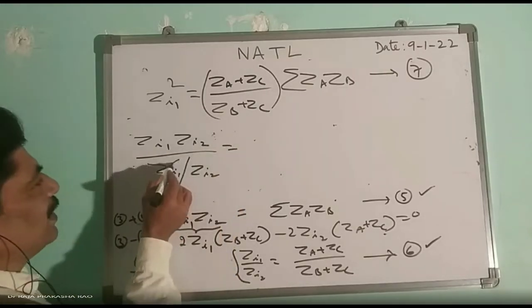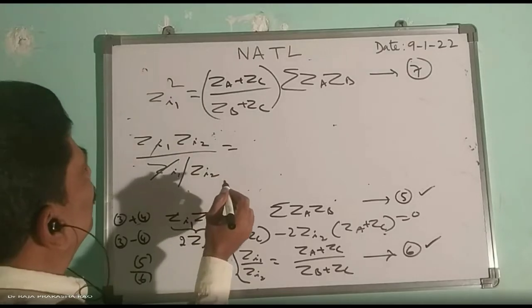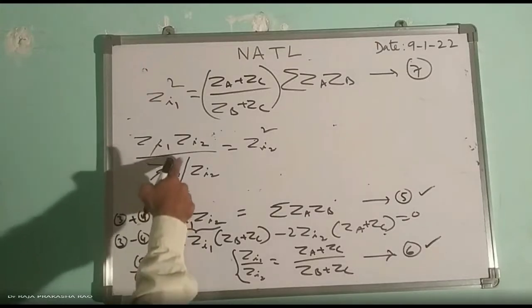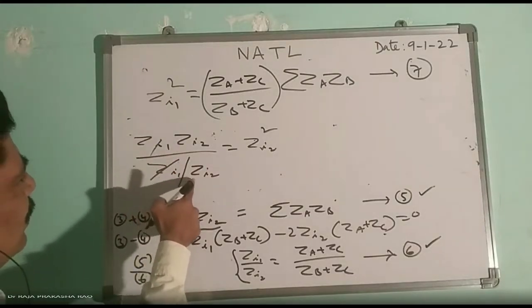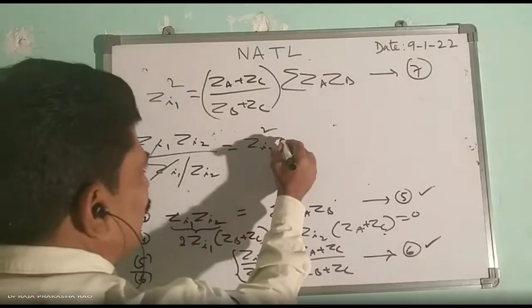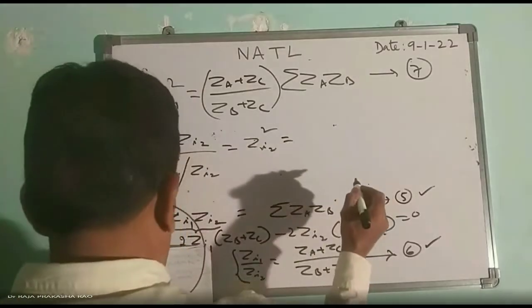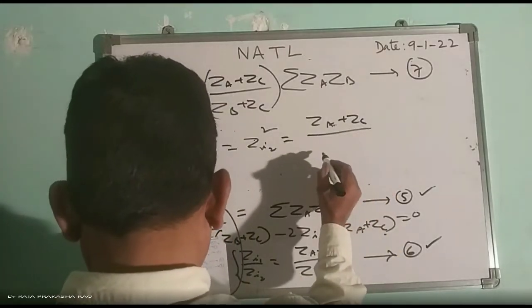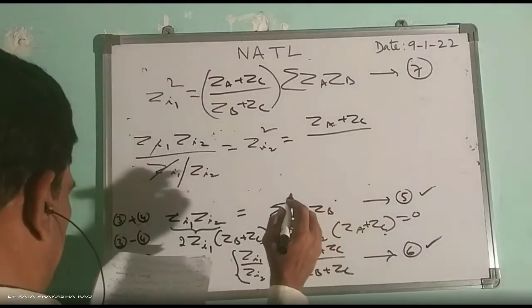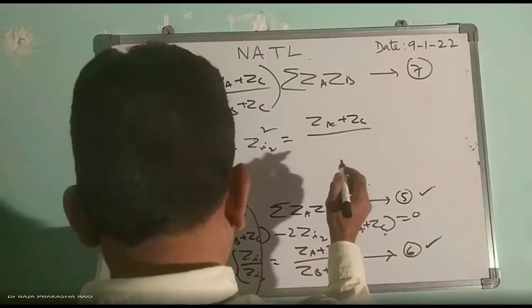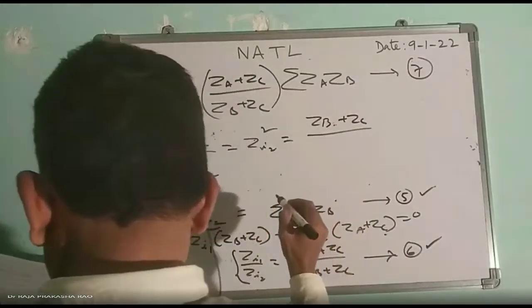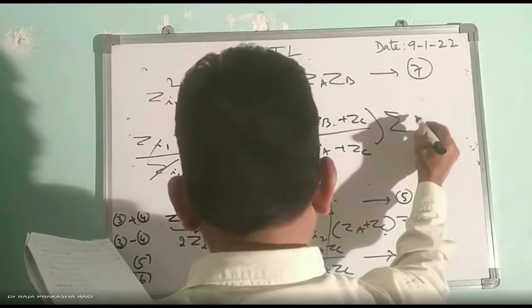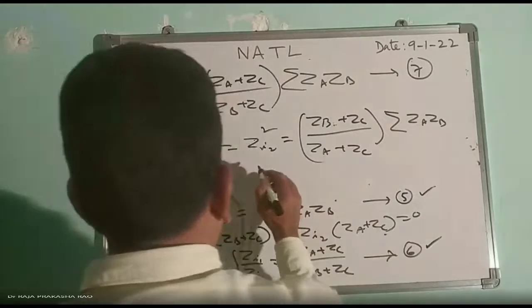On the LHS, Zi1 will get cancelled, leaving Zi2 square, which will be equal to Zb plus Zc by Za plus Zc into sigma Za Zb. We will get this equation, right? Zi2 square.